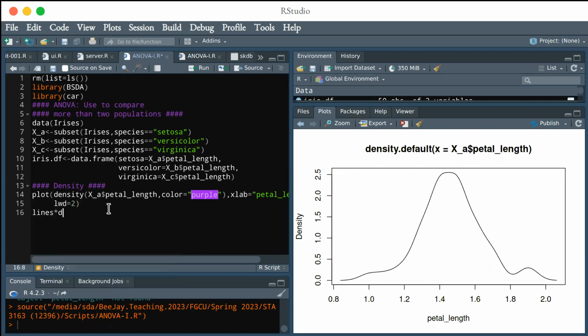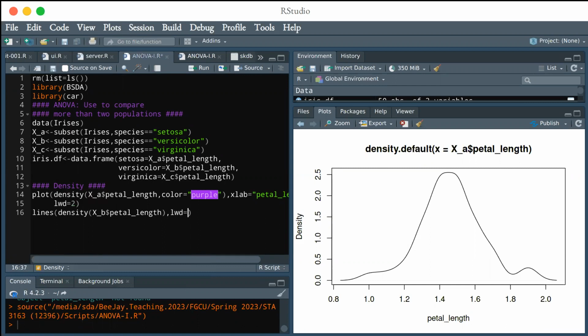The next one, I'm going to plot the versicolor species. Fingers crossed.